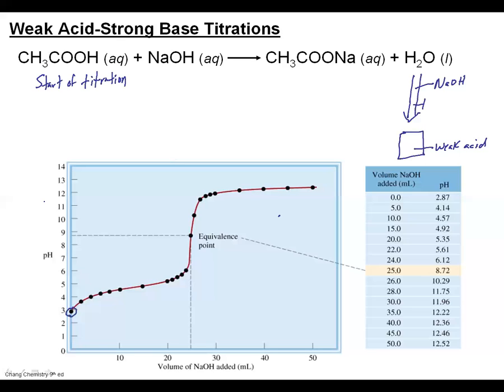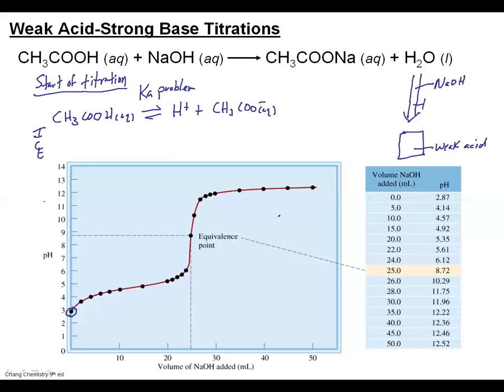And because it's a weak acid, it is going to break apart into H plus and acetate. That means if we wanted the pH here, we would have to do an ice table and a regular Ka problem.